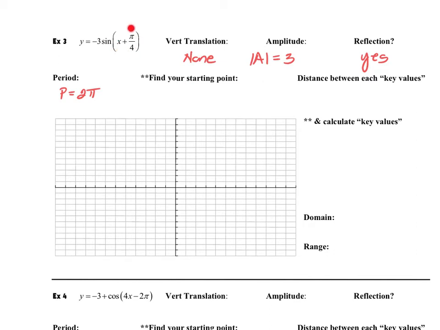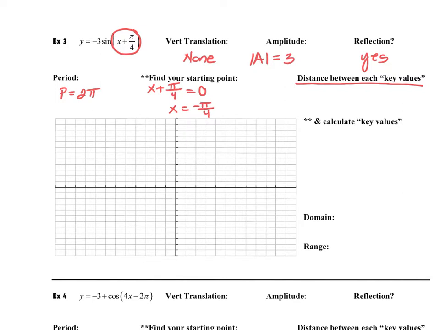So when we look at this entire expression, I always like to just grab the entire expression, x plus pi over 4, and I would take the entire expression and set it equal to 0. We're setting equal to 0 because the parent sine function would start at 0. When we solve that, we're going to find that our first key value is going to be a negative pi over 4.